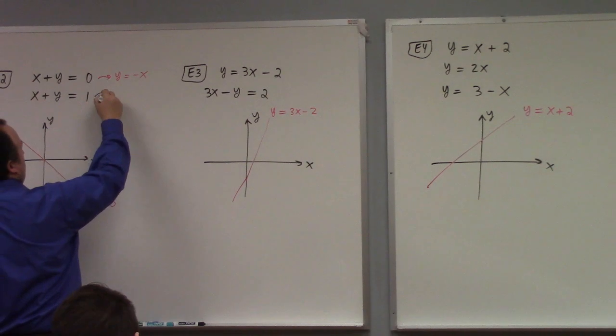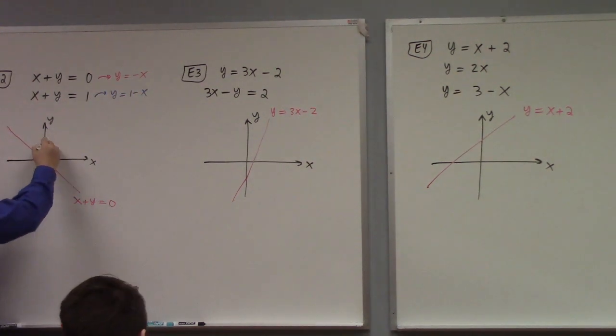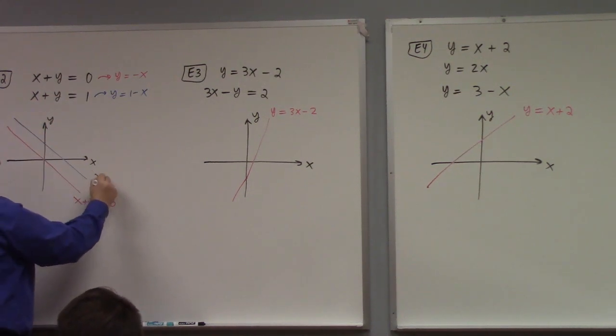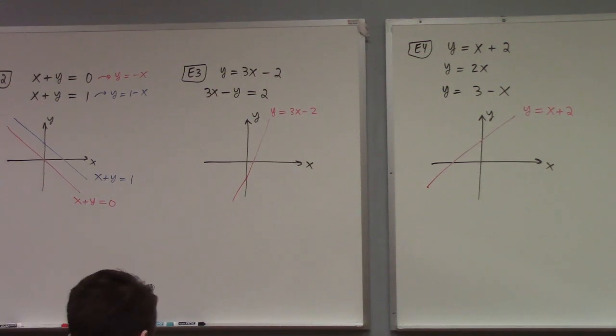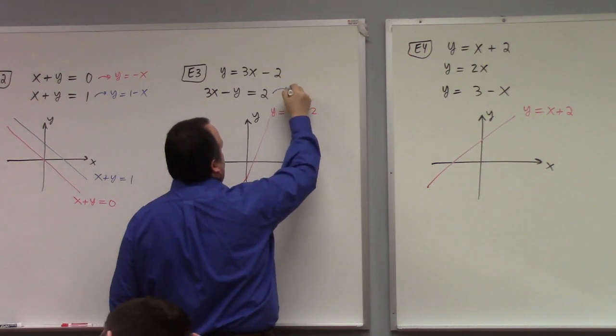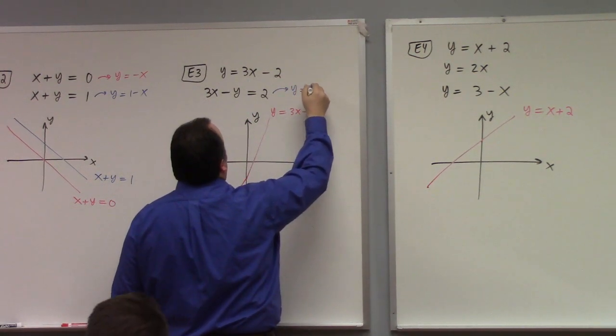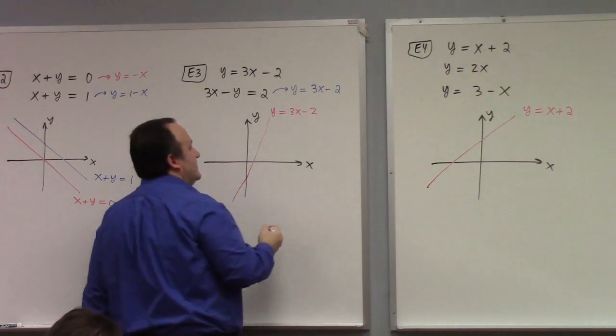Let's see here, this one, y equals 1 minus x. So 1 minus x, so it looks like this. Yeah. x plus y equals 1 is that guy. Let's see, if we solve this for y, what do we get? 3x, well, that's embarrassing.